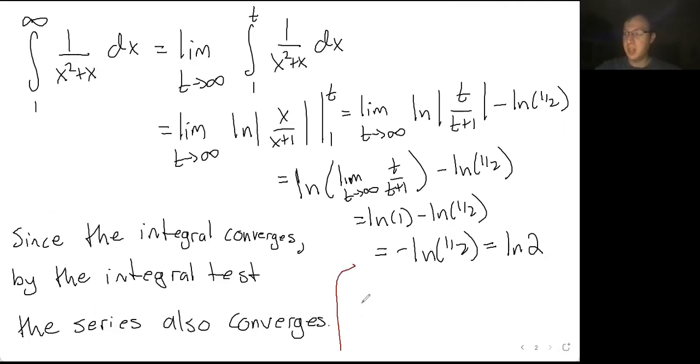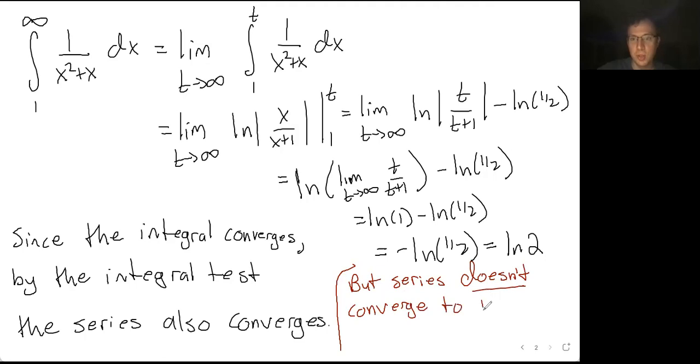One important thing to point out though, is the series doesn't converge to the natural log of 2. So this value we get for the integral, that's not the sum of the series.